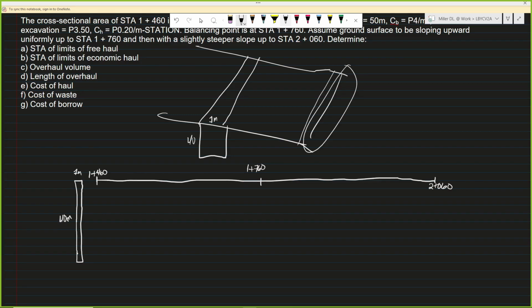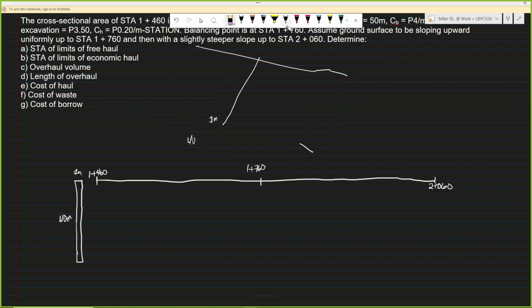So, 40 square meter. On the other side, burahin ko na to. 60 naman. 1, 2, 3, 4, 5, 6, 7, 8, 9, 10, 11, 12, 13, 14, 15. So, medyo exaggerated lang.